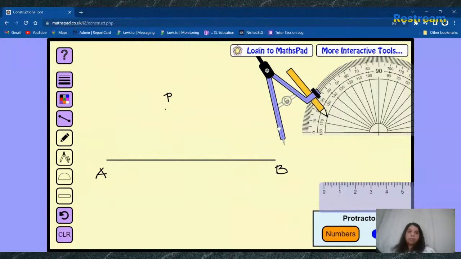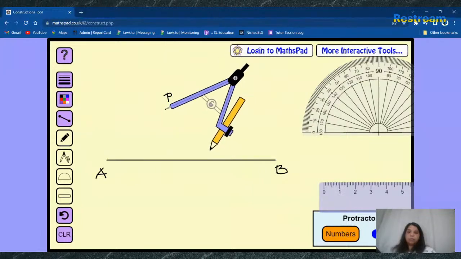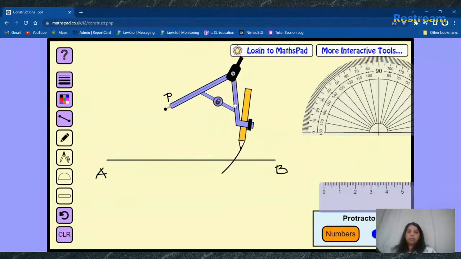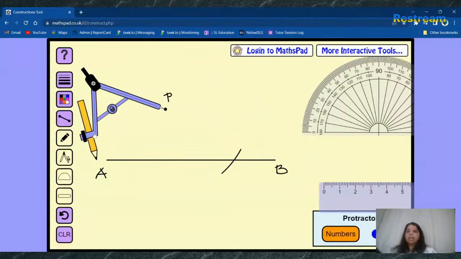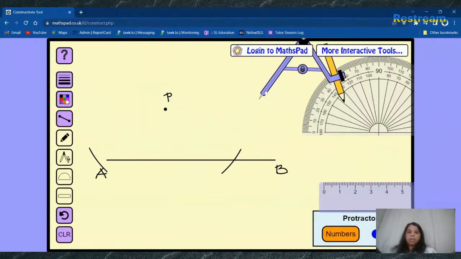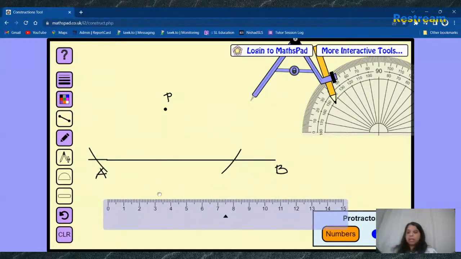Okay, so what I'm going to do is put my compass on P, and draw an arc here, and then I'm going to see if I can draw an arc here. Oh, I will have to extend A, so let's extend A a little bit. Okay, it may slightly vary.